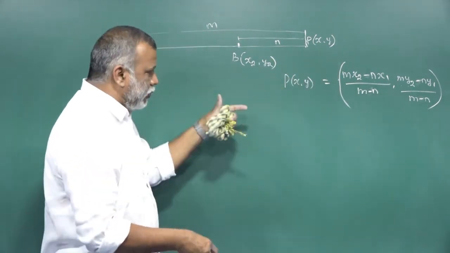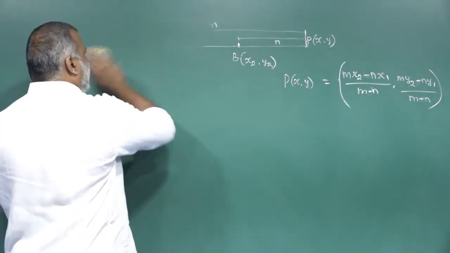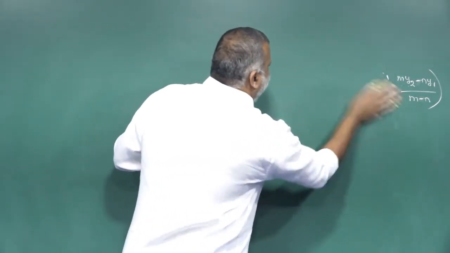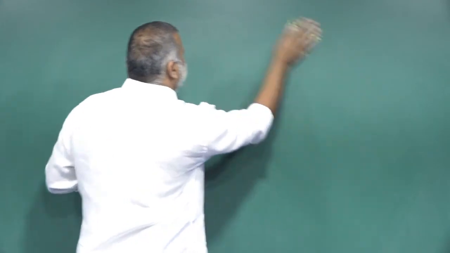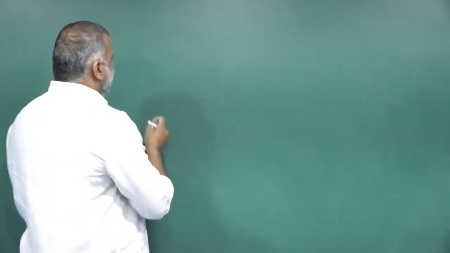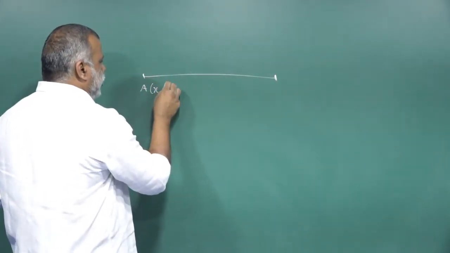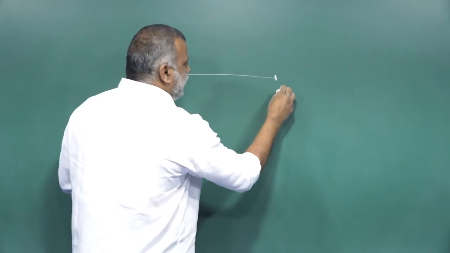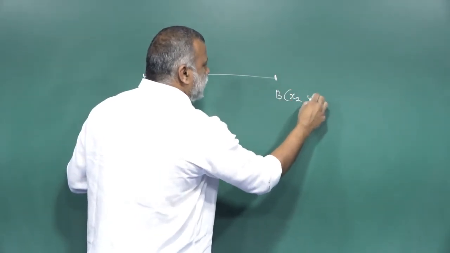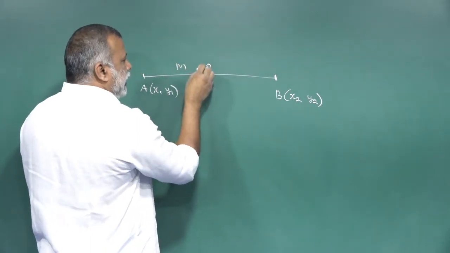Before this proof, I am going to give one more simple logic. We already know that one: the midpoint of the line segment. This is externally we are going to prove. Another one. See here. A of x1 comma y1, B of x2 comma y2, then P divides this line segment in the ratio m is to n.